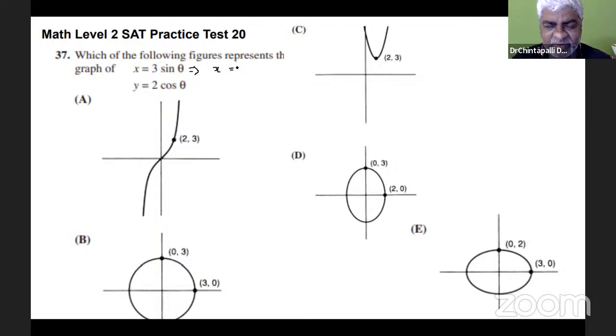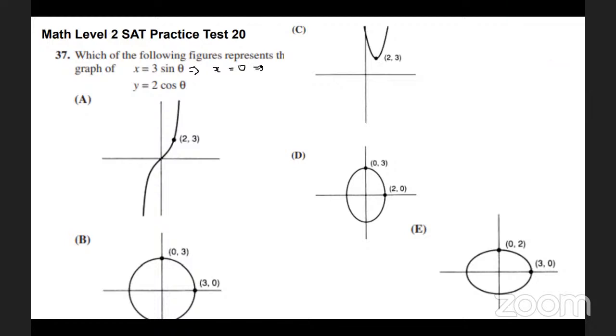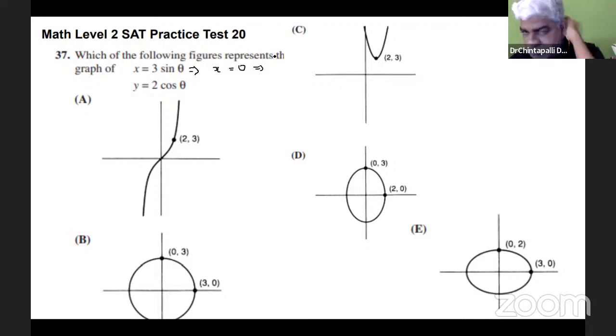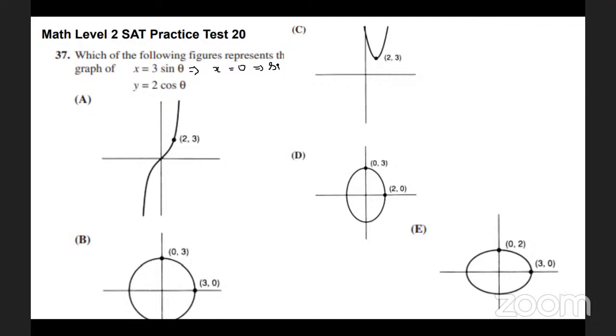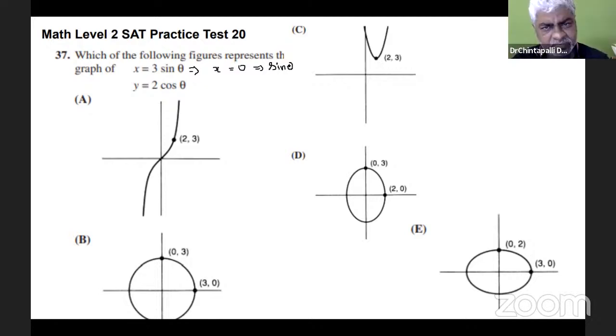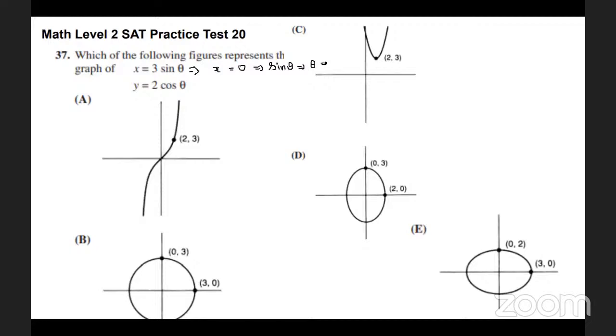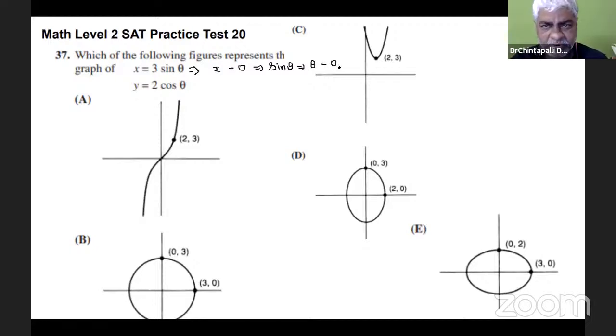What happens when we put x is equal to 0? 0 equals 3 sin theta. So sin theta is equal to 0. Then theta is equal to 0. Very good. Put that 0 in the second equation.